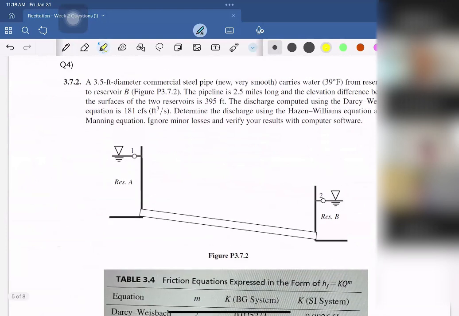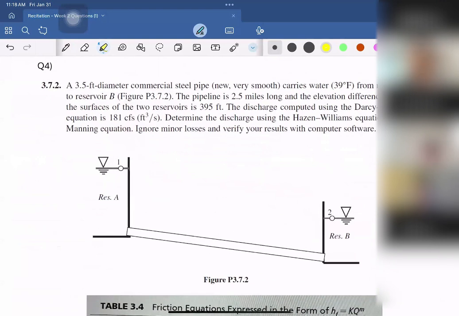Okay, in question 4, we have something different. But I think this is also pretty easy. So let me start with the reading of the question. We have 3.5 feet diameter, and we are given the commercial steel pipe. And we have the temperature. So it says the water flows from reservoir A to B, as you can see here.